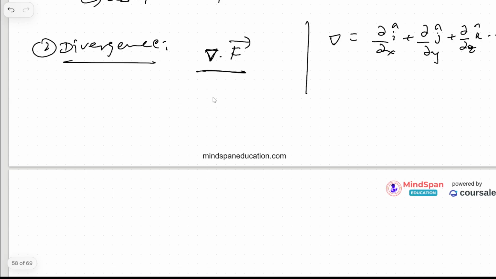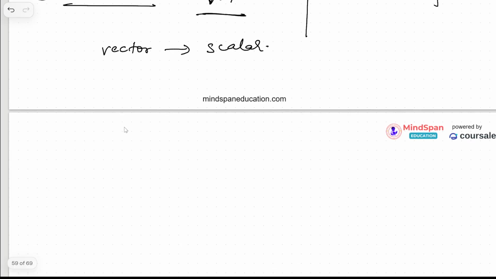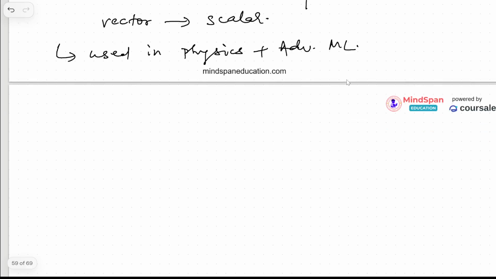When you calculate this dot product, obviously this will convert a vector into a scalar, a number. And this is used mostly in physics plus advanced machine learning.